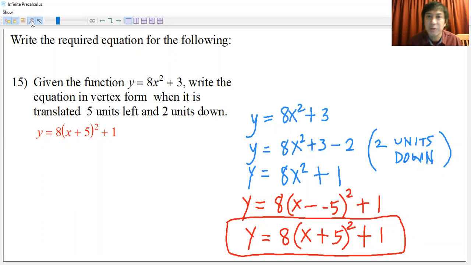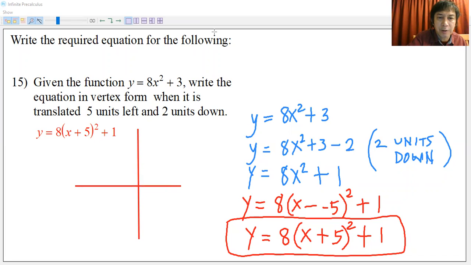That's the vertex. If you're going to draw this, a little drawing will do. Imagine this is your x and y axis. It used to be like 8x squared plus 3, so the vertex is not at 0, 0.